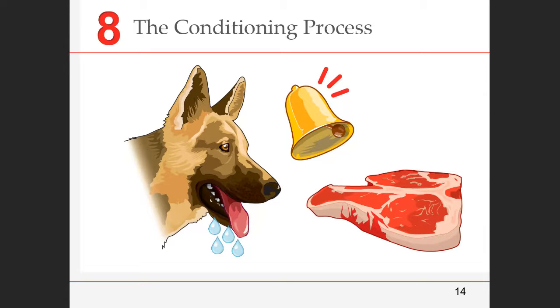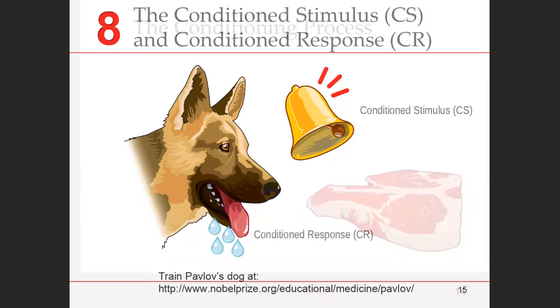And then after conditioning, what happens is you have a conditioned stimulus and a conditioned response, and the bell, the sound produces the salivation, and it is not natural for a dog to salivate at a sound. So it has been conditioned, or it has learned that response.